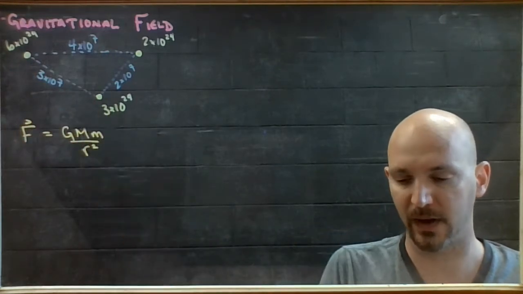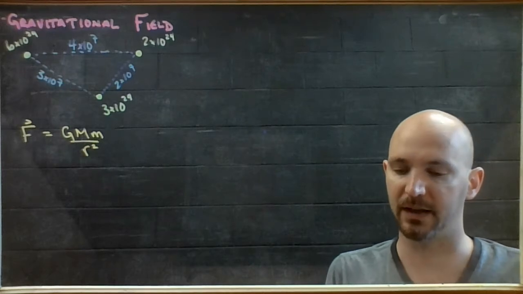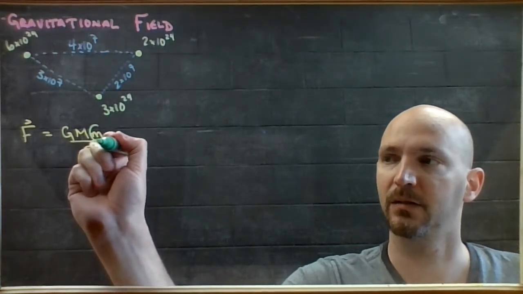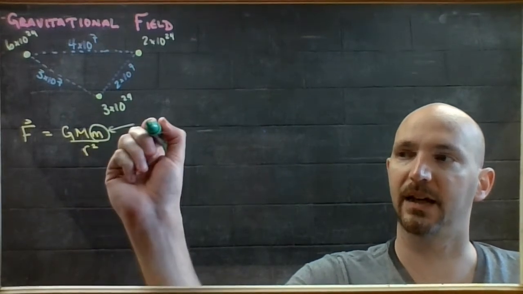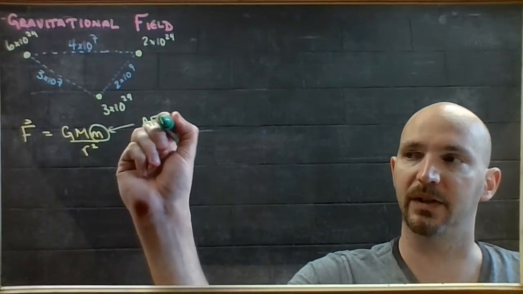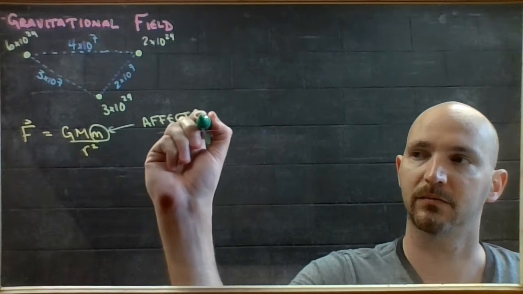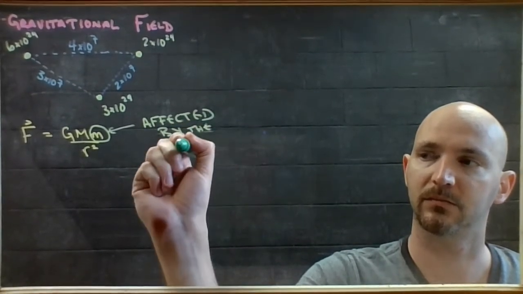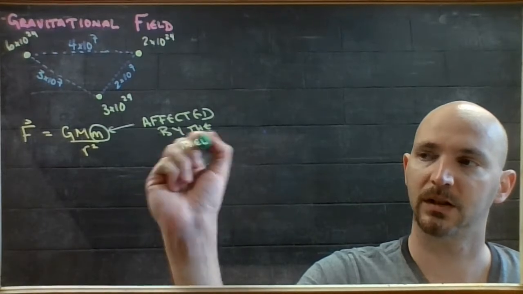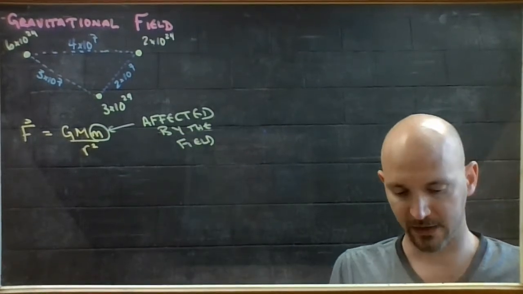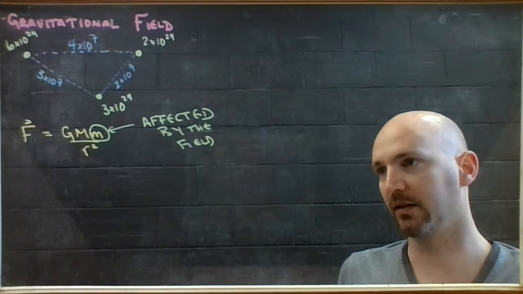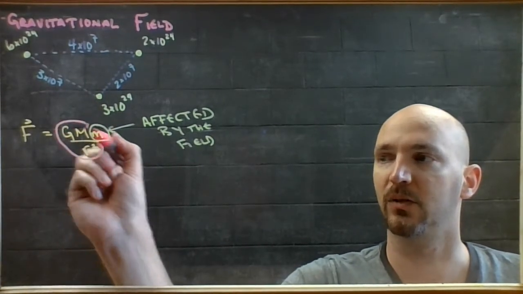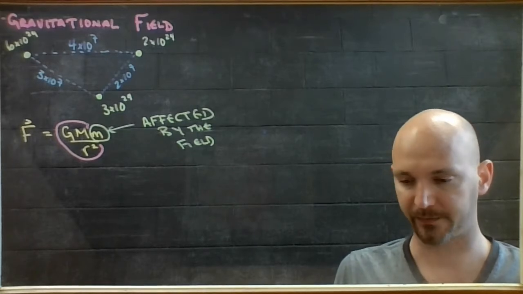So in this equation then, I would end up with this piece being the thing affected by the field. And then the GM over r squared are the pieces that are causing the field, or at least causing the number part.